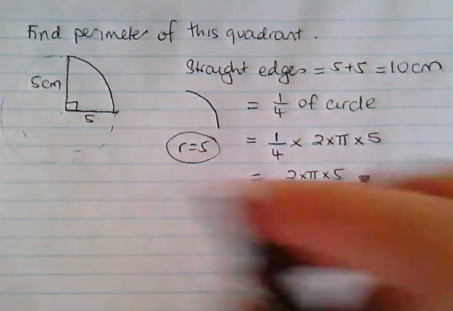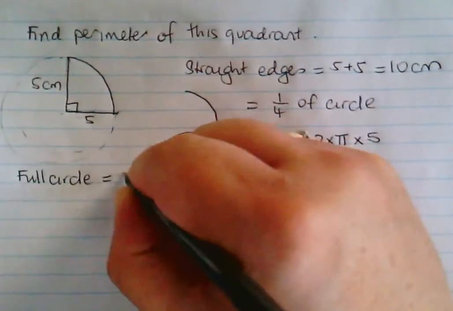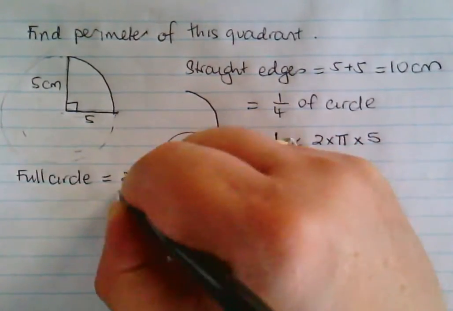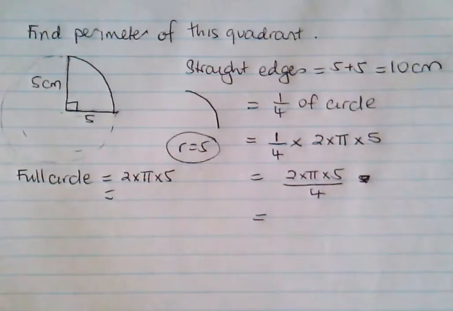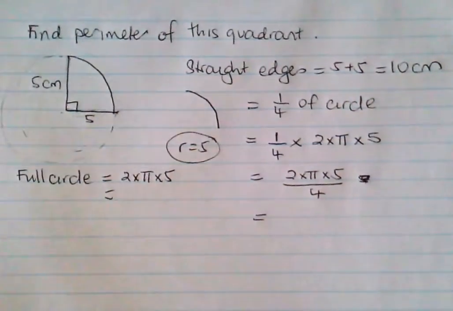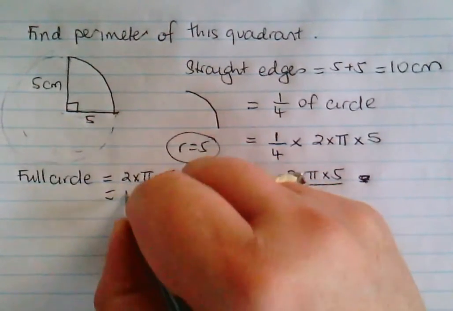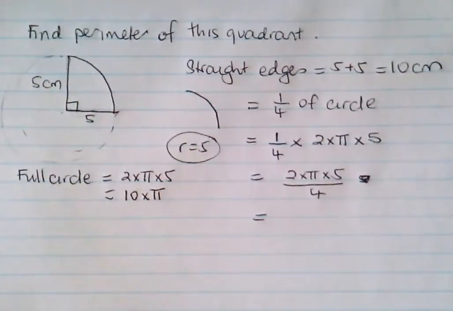Yes, if you want, actually, yes. Some people go like this. Full circle is 2 times pi times 5, but I wouldn't work that out. I would just leave it, because then you're going to get rounding errors otherwise. So, you know, here you can write 2 times 5 is 10 times pi. Are you okay with that?